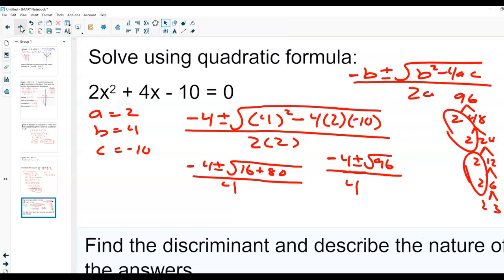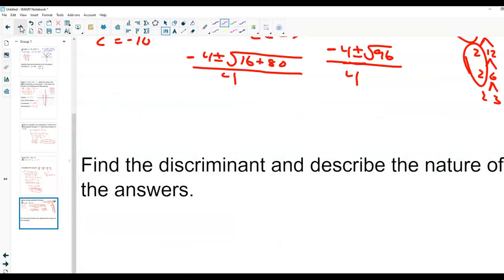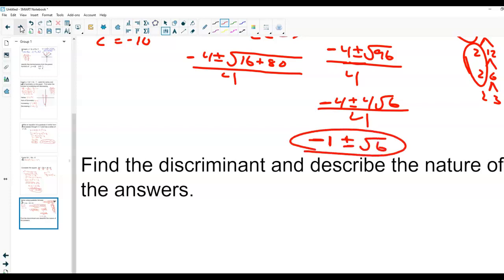So when I break this down, the root 96 simplifies to 4 root 6. And now I can divide both terms by 4. Negative 1 plus or minus root 6 is my answer by quadratic formula.